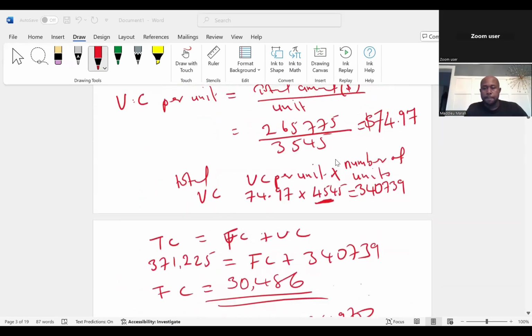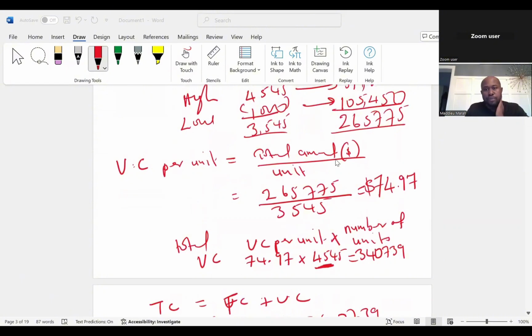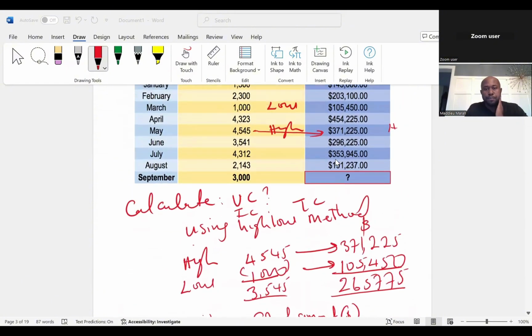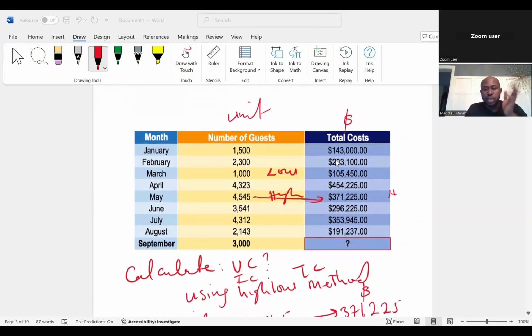Okay, guys. So let me do a brief revision before we take the next question. With this question, remember, I told you high-low method: you look at the high activity and trace to the cost. You are not looking at the cost to the activity. This is wrong. You are tracing the activity to the cost.